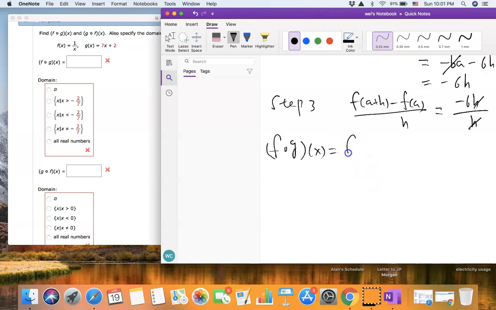So this equals f of g(x). So how do you write f of g(x)? To find what is f of g(x), we are using the function g(x) to replace the x in the function f(x).